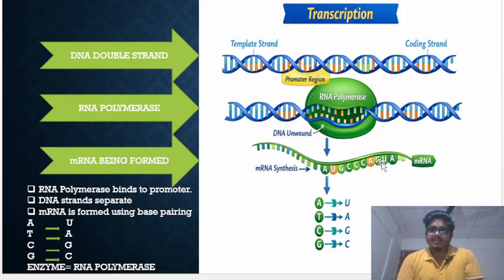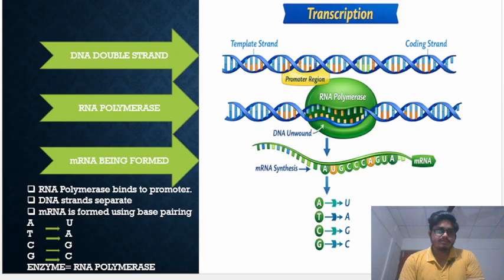The mRNA is formed by a base pairing system, with bases like adenine, uracil, thymine, adenine, cytosine, guanine, cytosine. Here the enzyme is RNA polymerase. This is the process of transcription.